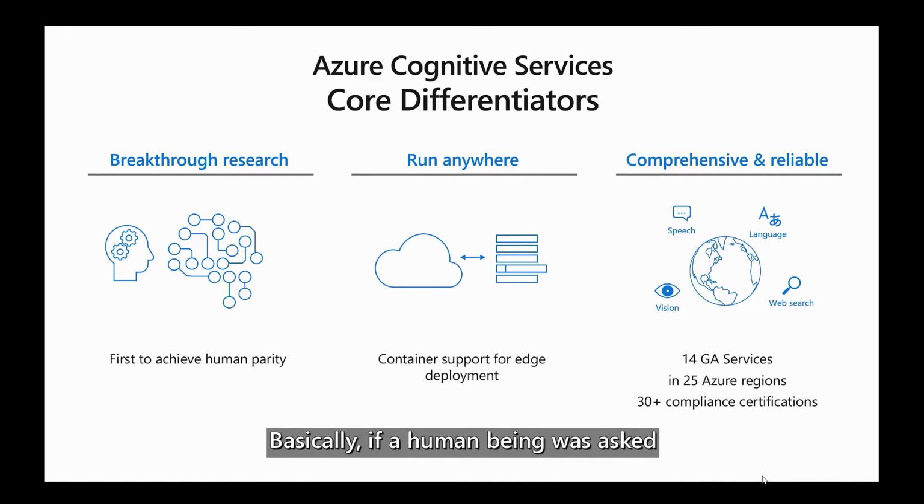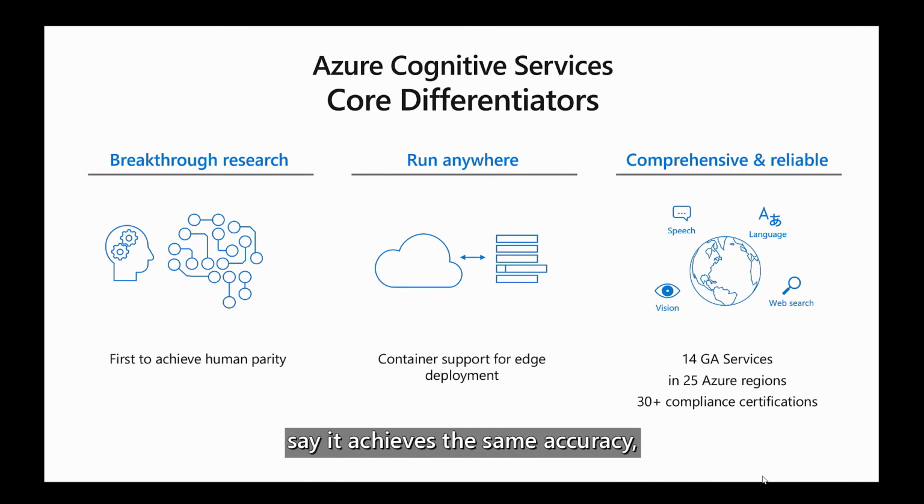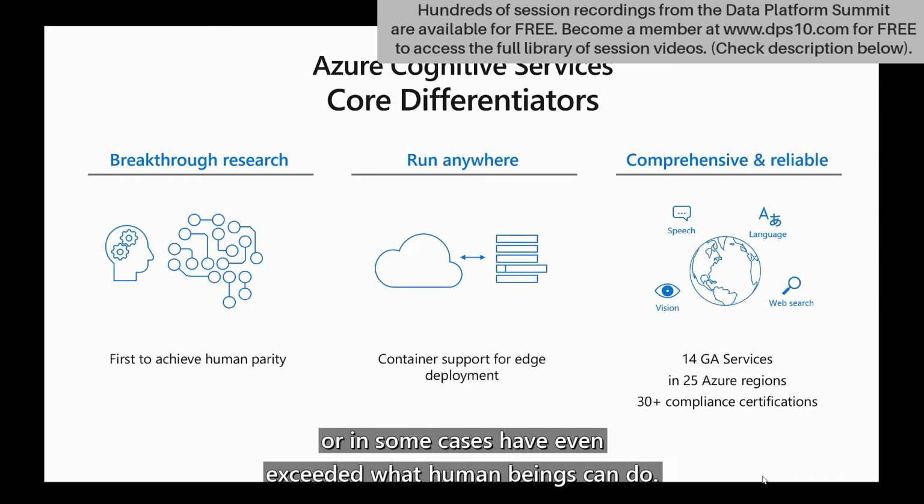Basically, if a human being was asked to do a certain task, like, say, translation, and if the AI model performs in a comparable manner, like, say, it achieves the same accuracy, for example, or better, then we say it's human parity. So a lot of these models actually have achieved human parity, or in some cases have even exceeded what human beings can do.